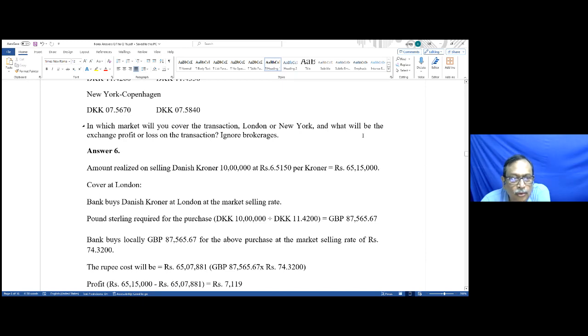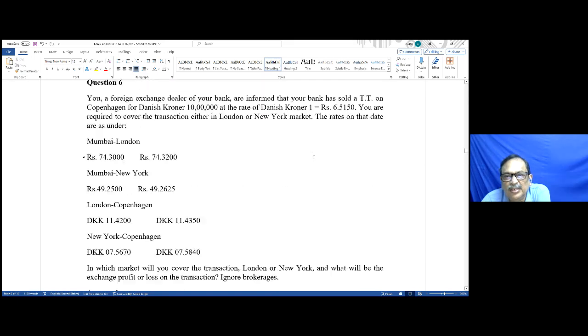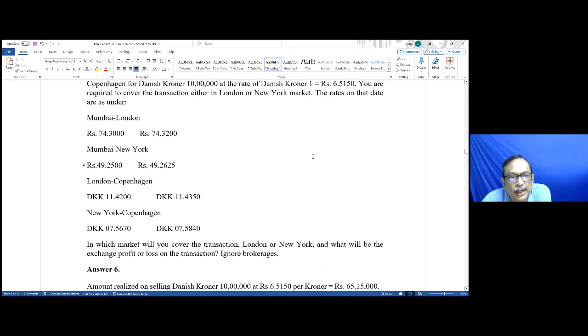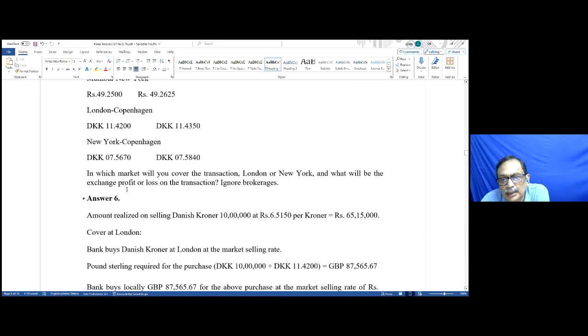Now, cover at London. Bank buys Danish kroner at London at the market selling rate. So pound sterling required for the purchase, that is DKK 10 lakhs divided by DKK 11.4200, given for London, Copenhagen.